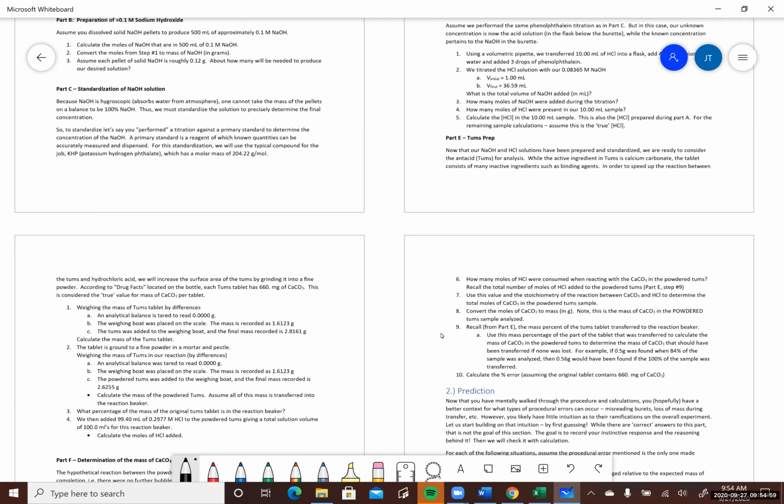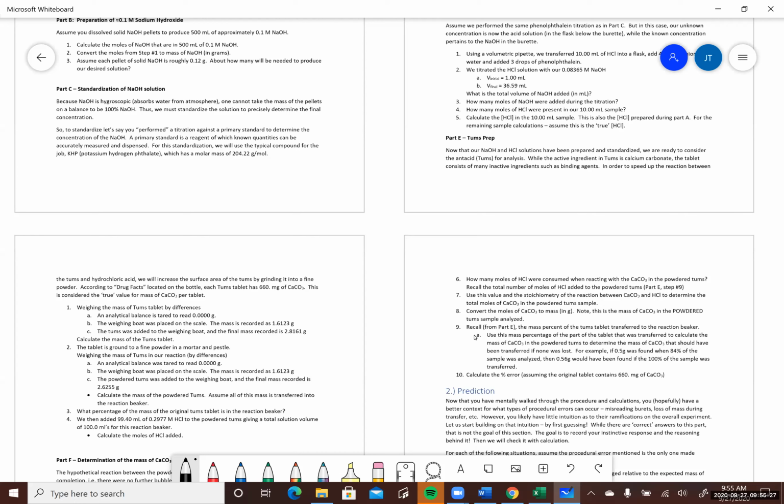Now this one here for 9, it tells you to scale up the amount of calcium carbonate that would have been found if you analyzed the whole sample instead of just part of the sample. And when you go through the calculations, you'll see that some of the sample of the tablet was lost, and you only analyzed like 84.17% of the sample.